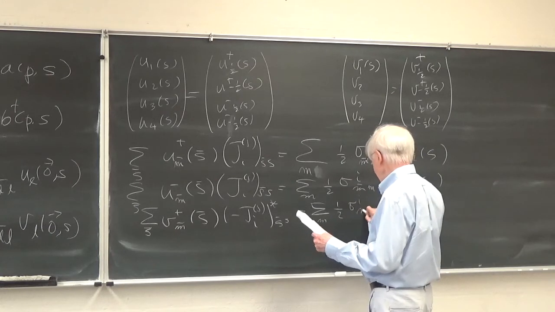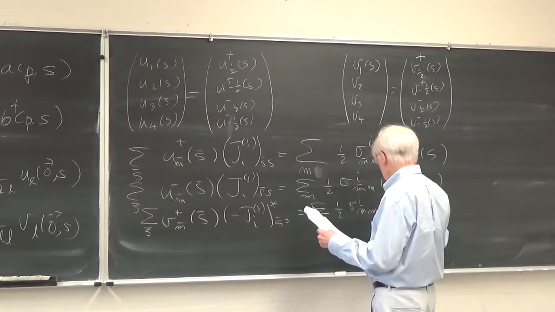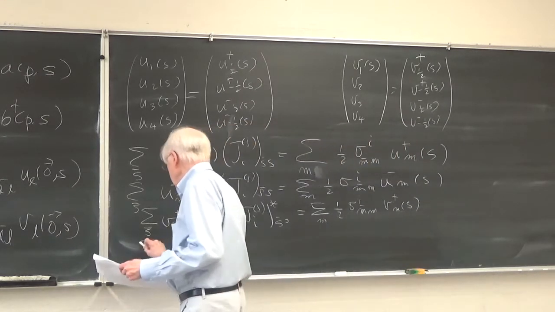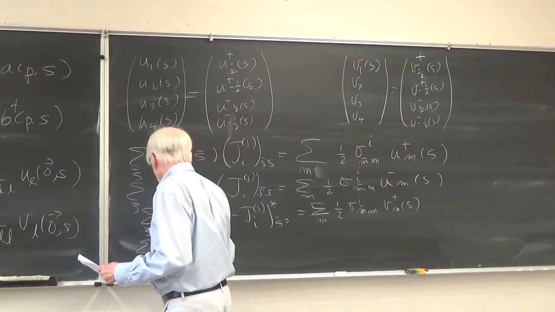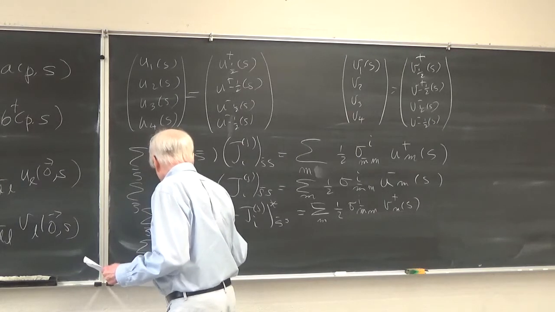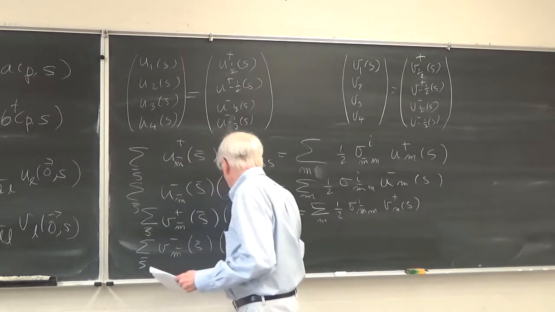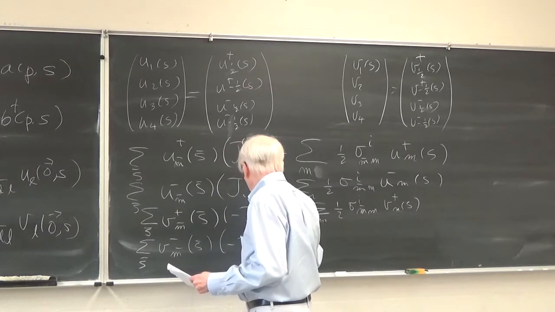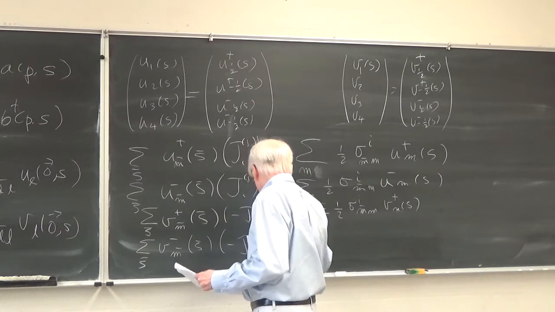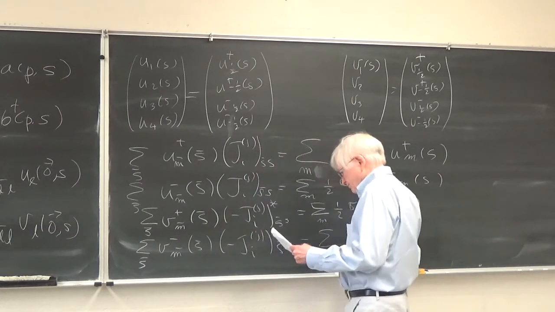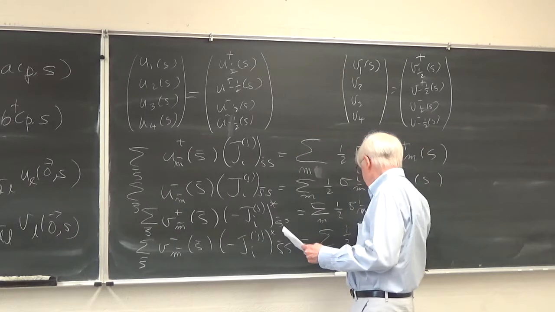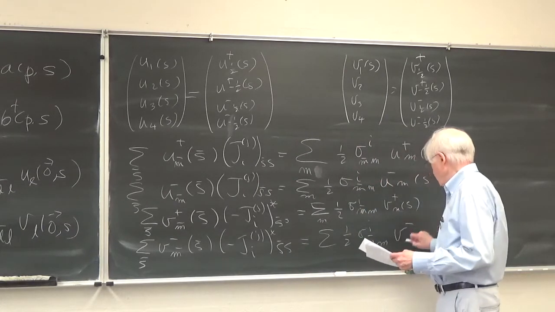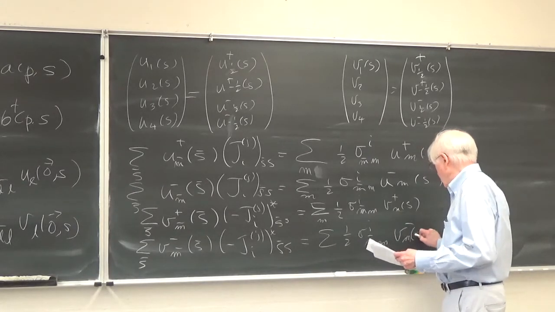Sigma_i, M bar M, V plus M of S. And then finally here, sum S bar, V minus M bar, S bar, minus J_i, J complex conjugate S bar S equals sum half sigma_i M bar M V minus M of S.